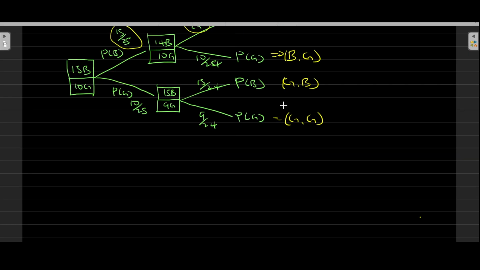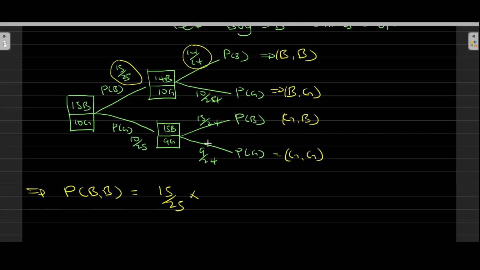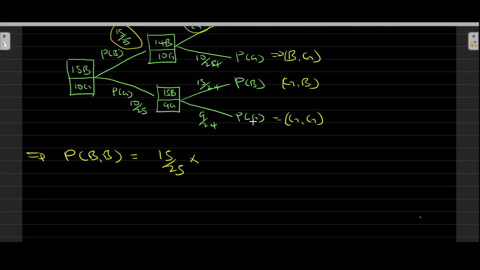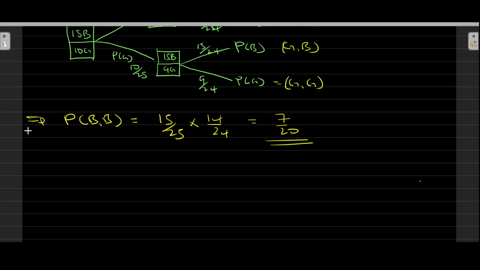That implies that the probability of having a boy and a boy is going to be 15 out of 25 times 14 out of 24. This will give me 7 out of 20, and that becomes the probability of having two boys out of the class.